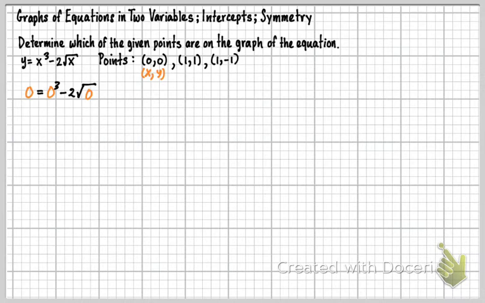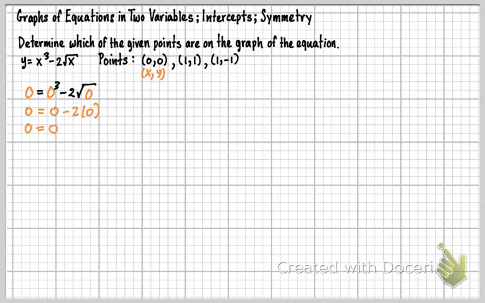Okay, so here we go. This is going to be 0 equals 0 cubed, which is 0, minus 2 times the square root of 0, which is 0 because 0 times 0 is 0. So I'll say that's 0. In all, I get 0 equals 0.